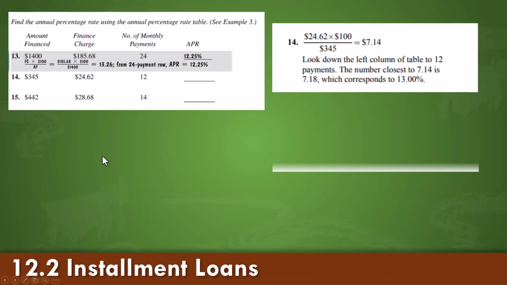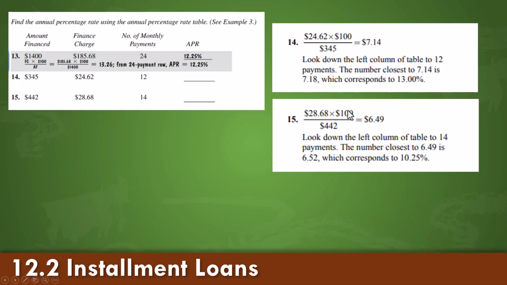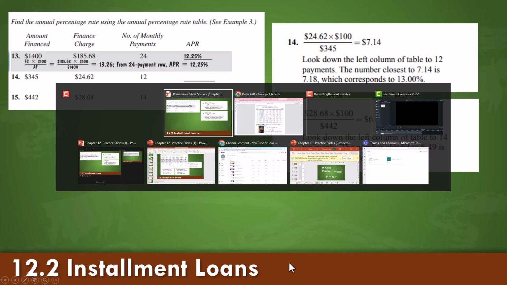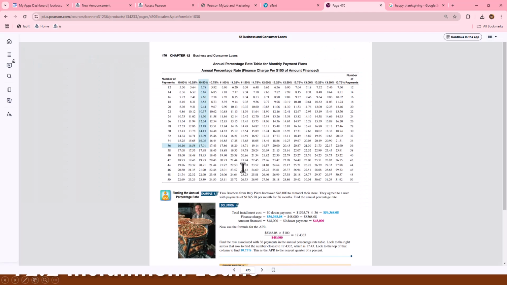For the next one, 15, our calculation is $6.49 with 14 payments. So, once again, using the table, for 14 payments, the closest thing to $6.49 is going to be 10.25%. Let's take a look at one more.